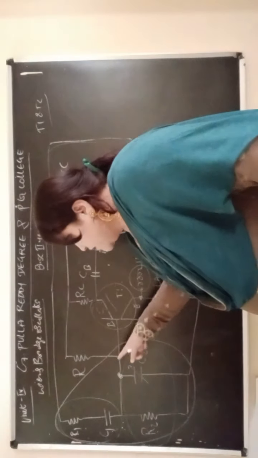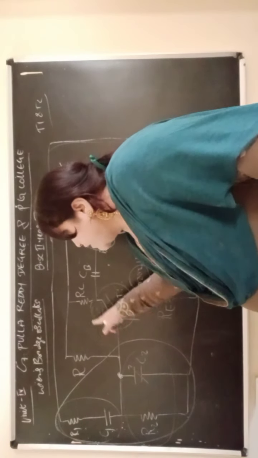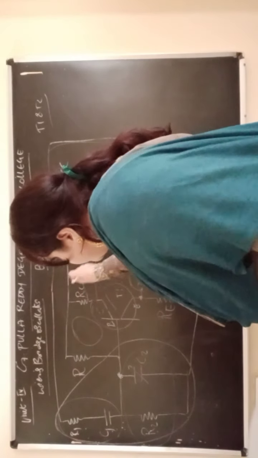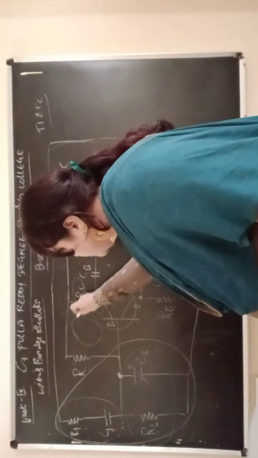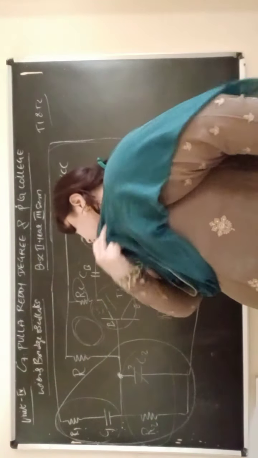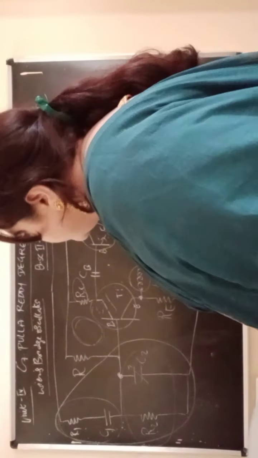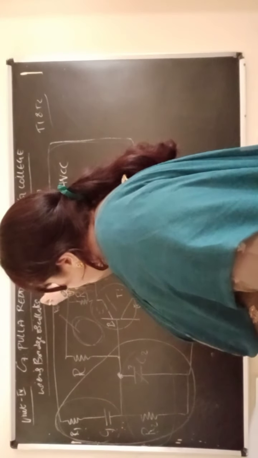The input coming from the Wien bridge network to the first transistor will be amplified in this RC network. RC network means what? Collector resistance. It will amplify in this part, but it will suffer a 180 degree phase shift.